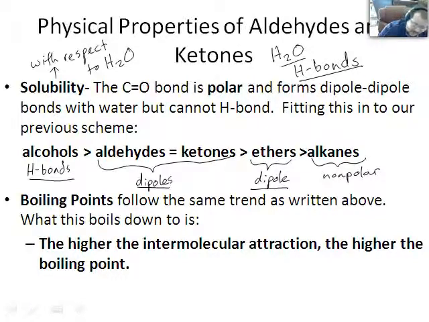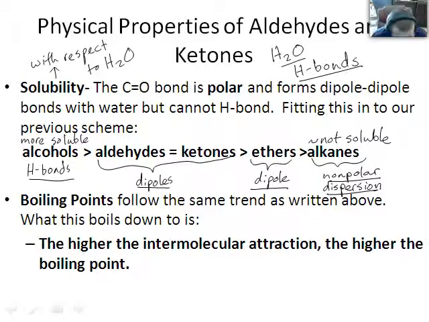It was the weakest force of the four. It was dispersion forces. So, in order of solubility, we would say more soluble for the alcohols, down to essentially not soluble for the alkanes.